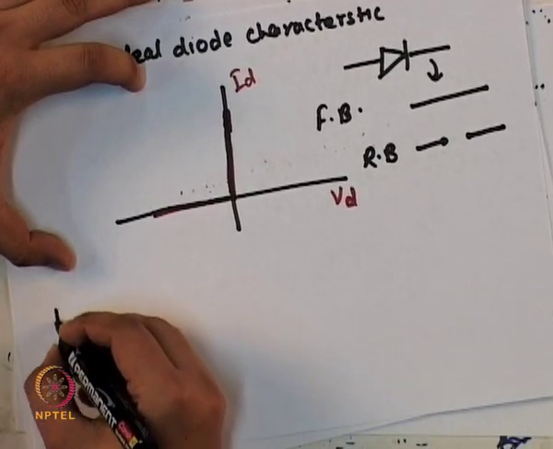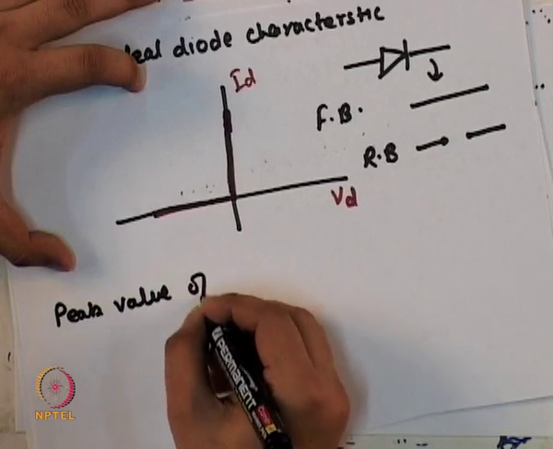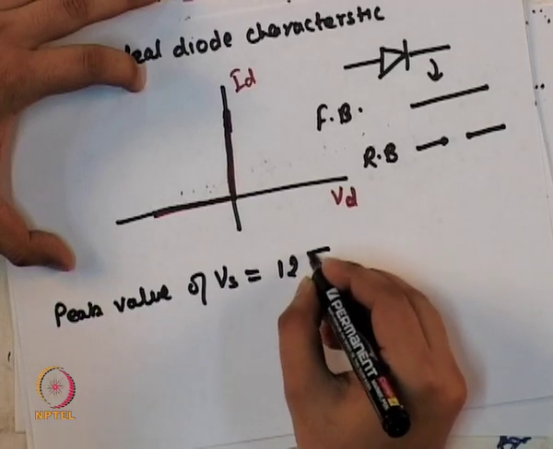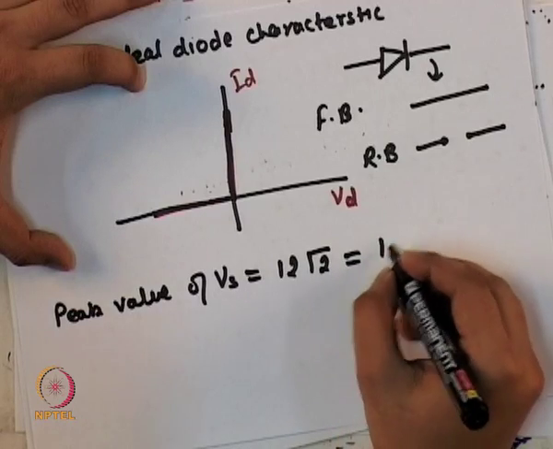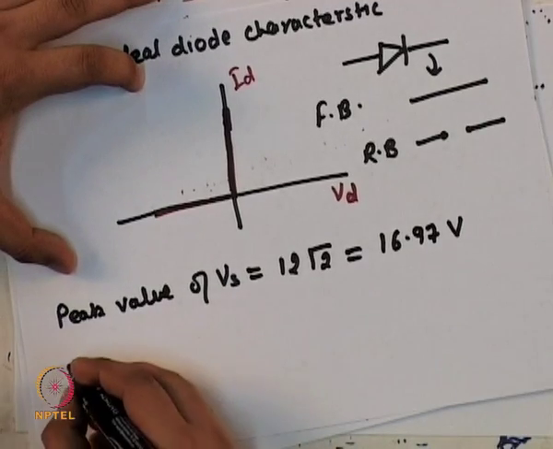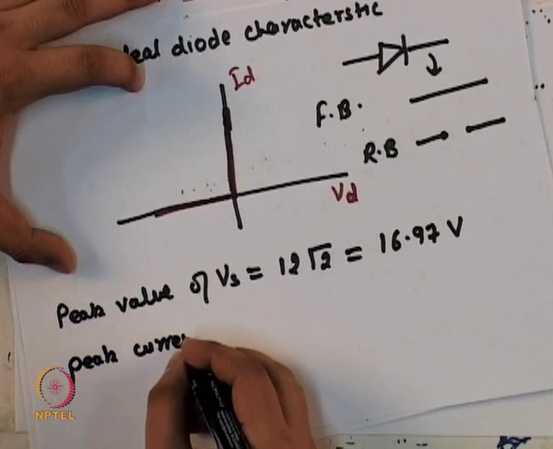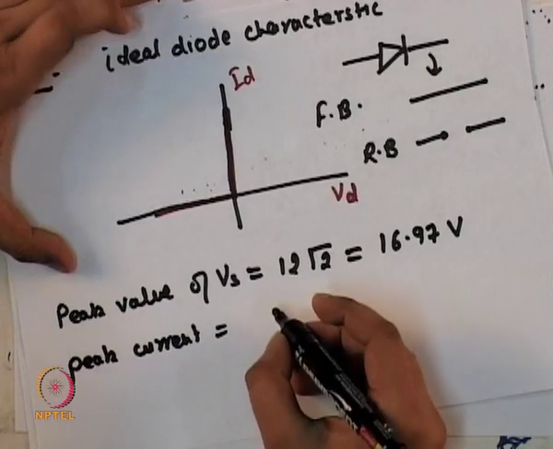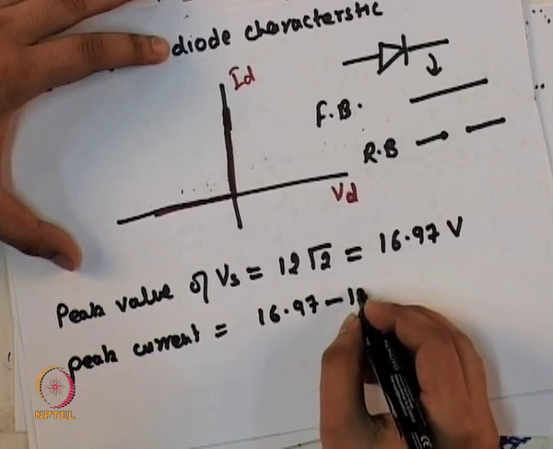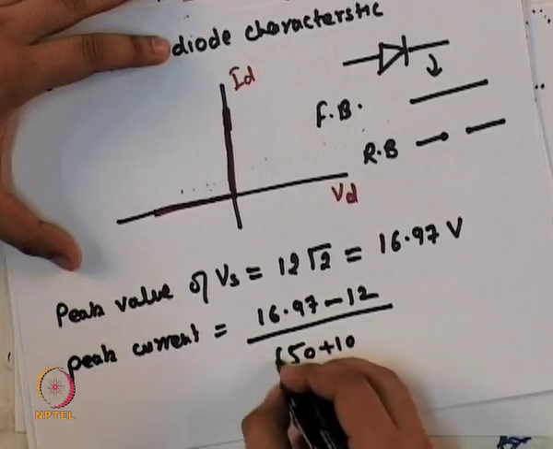First, the peak value of Vs, which is 12 root 2 equal to 16.97 volts. Now what is the peak current? Peak current equal to 16.97 minus 12 upon 50 plus 10.